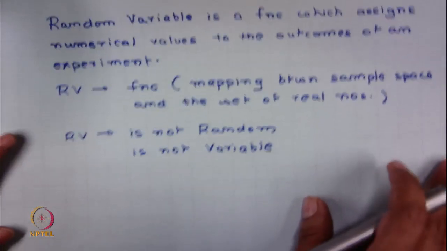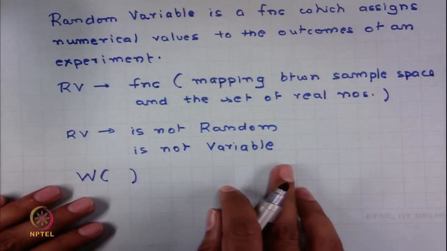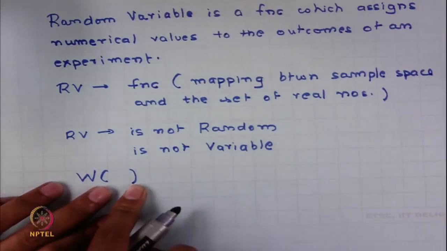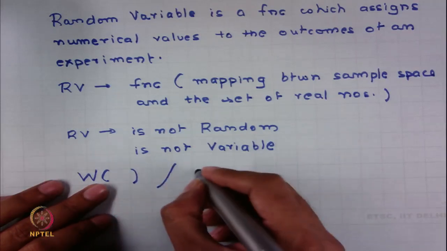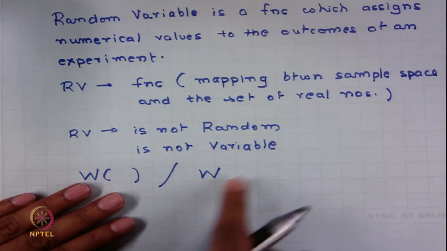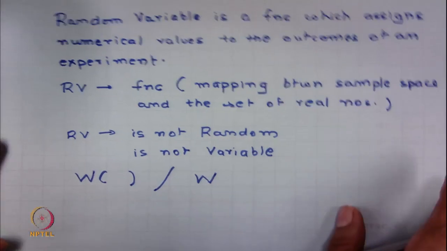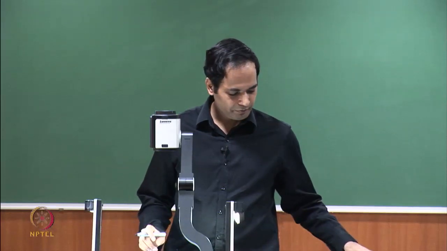Okay. So, if it is a function, usually functions are denoted with parenthesis, but as a notation the random variables are usually denoted with a capital letter, but without any parenthesis. Okay. So, we have introduced the idea of random variable.